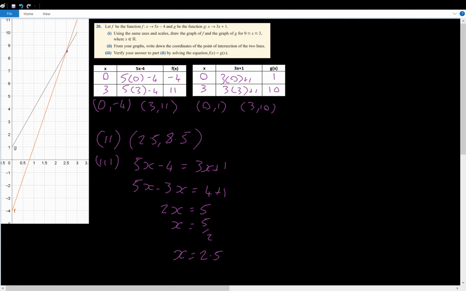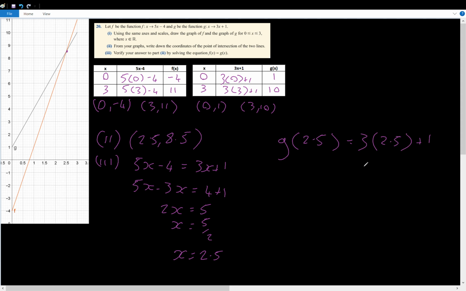Now that we have our value for x, in order to get our value for y, we can take this x and put it back into either of our functions. We'll get the same value either way. So let's say g of 2.5. We get 3 times 2.5 plus 1.